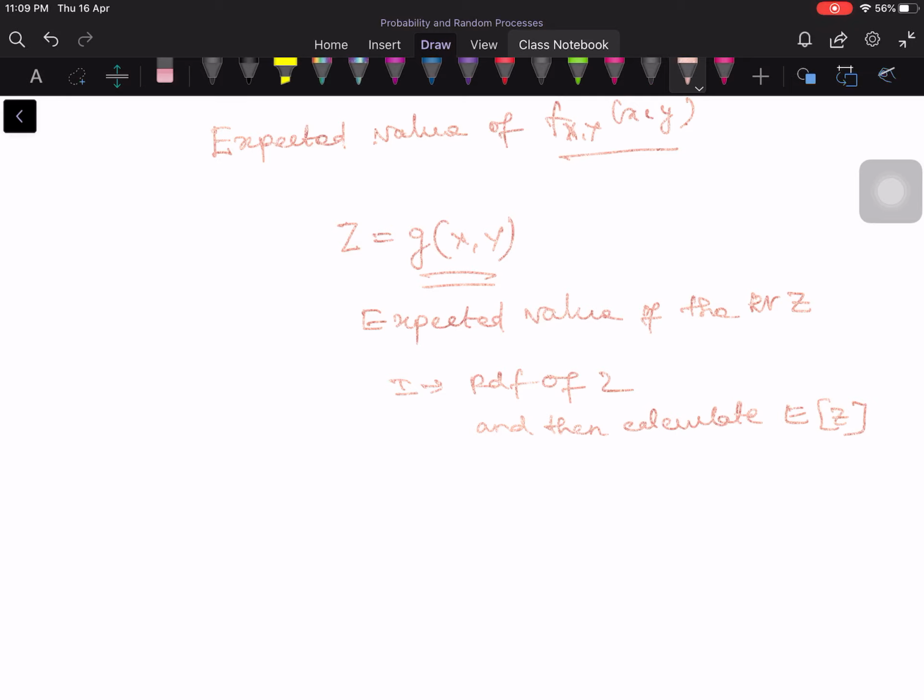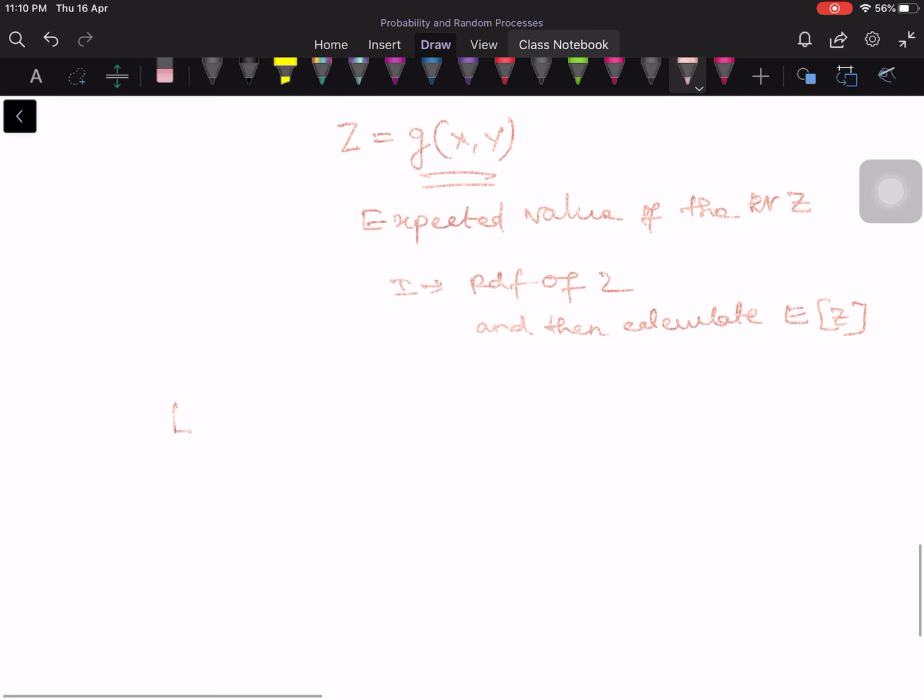So no need to calculate the distribution of g(X, Y). You use the basic definition of the expectation and calculate it directly using the distribution of the original random variables.